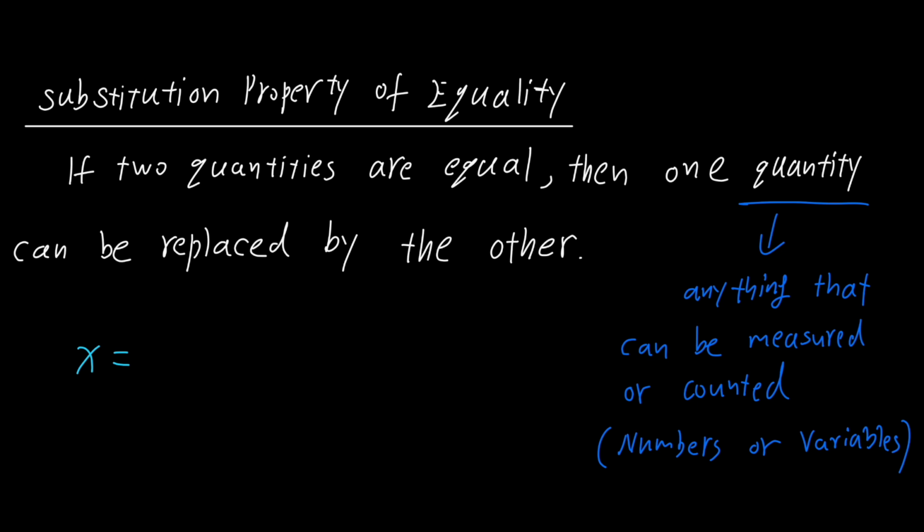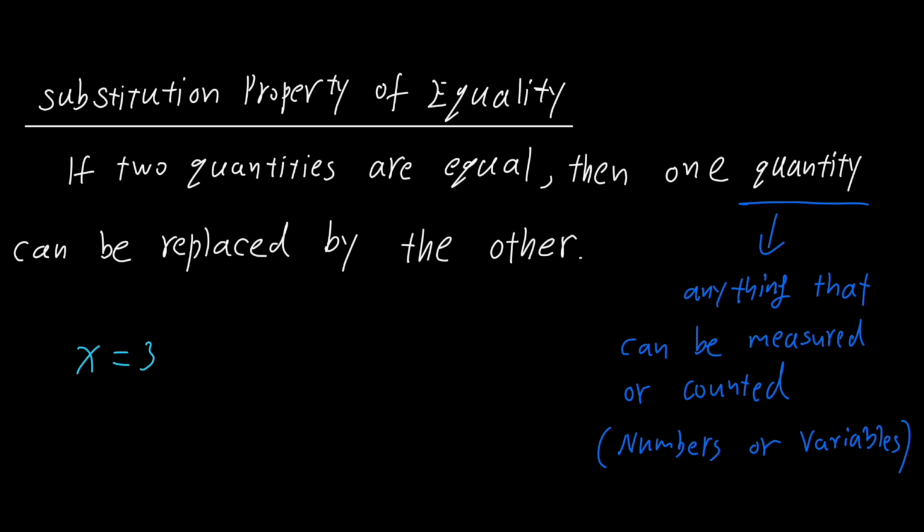Let's say this is 3. It means if we set these two quantities equal to each other, one quantity or one variable can be replaced by the other quantity.